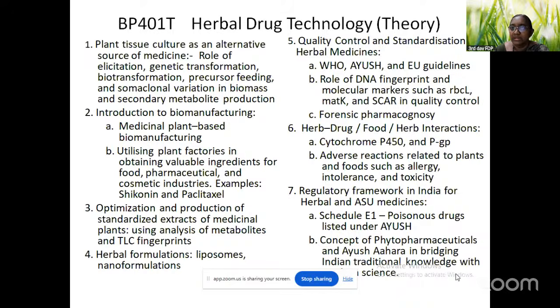Coming to the third subject, HDT, Herbal Drug Technology. There is a vast addition to the syllabus in addition to the existing ones. Most of the syllabus was replaced by new things.